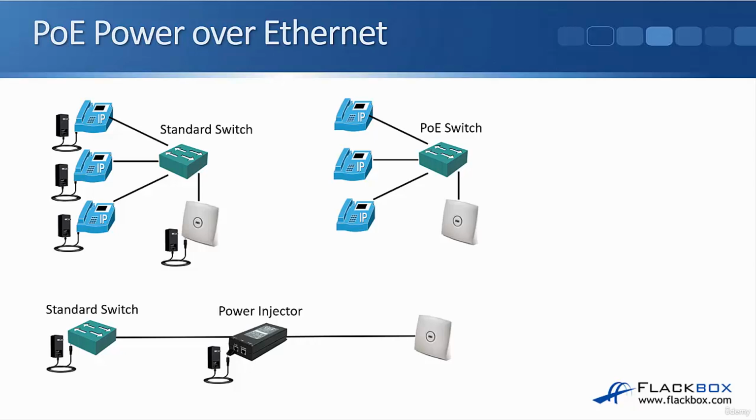So rather than putting in an entire power over Ethernet switch, if you've already got a standard switch in there, what you can do is buy a power injector. The power injector gets plugged into power, and then it supplies power over Ethernet over the Ethernet cable towards the wireless access point. That Ethernet cable can go up to 100 meters, so it's a way that you can get power to a wireless access point in a location that it would be normally difficult to get power to.